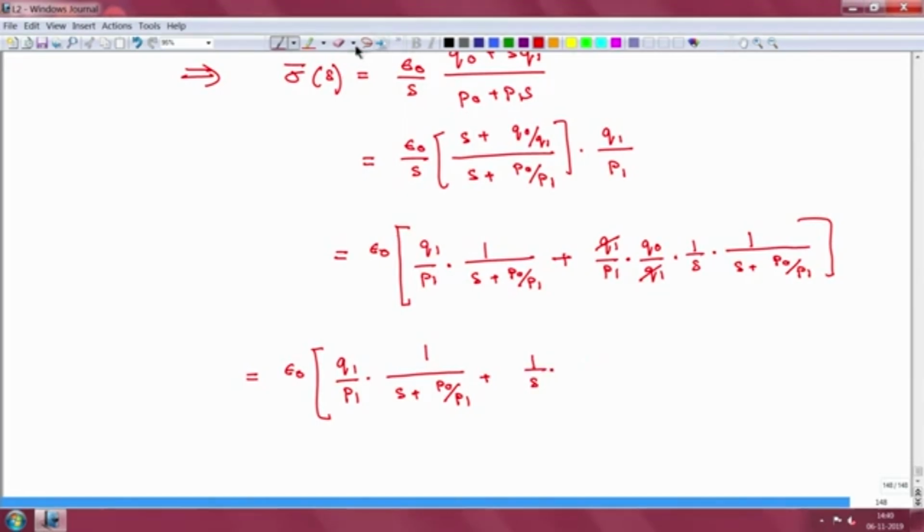So, what we will do is write this part as two other functions: Q naught by Q1 into P naught by P1, 1 by S. Sorry, I have to turn this one off: P1 by P0.